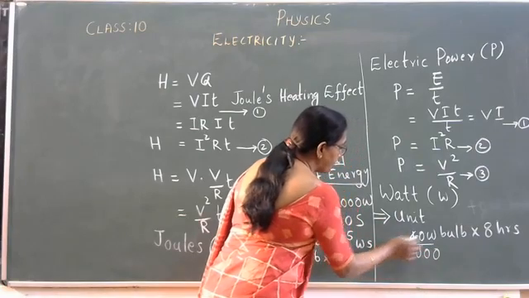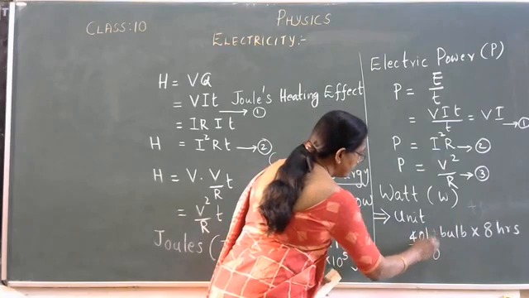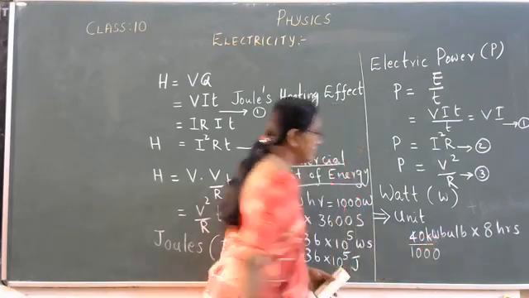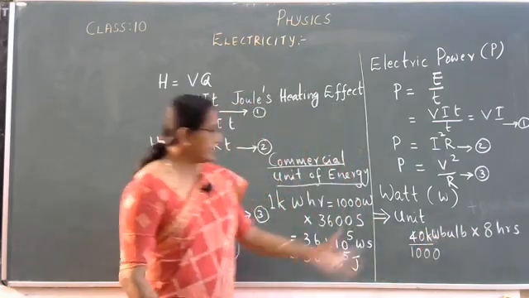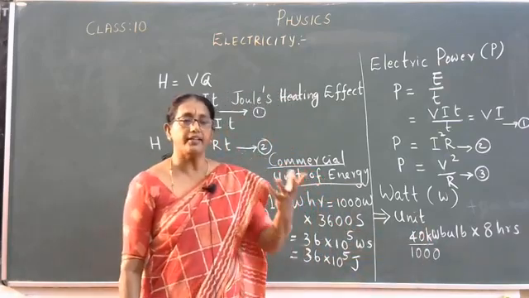So this will become 40 by 1000 kilowatt into 8 hours. This much unit of energy that bulb will consume for 8 hours.